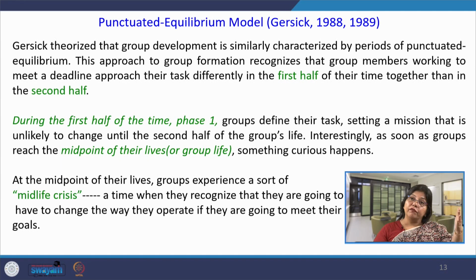So, they have a different strategy in the first stage till they reach the middle stage of group development, and then they develop a different strategy when they cross the first half of the functioning of the group. So, there is a different orientation in how the group develops. So, the group will develop in two phases. In the first phase they have a very different orientation, and in the second phase again they will have a different strategy to reach the common goal.